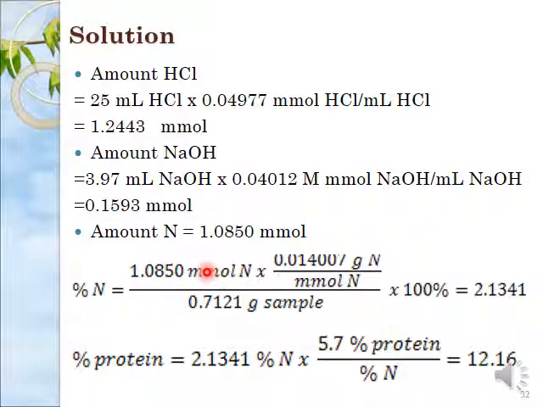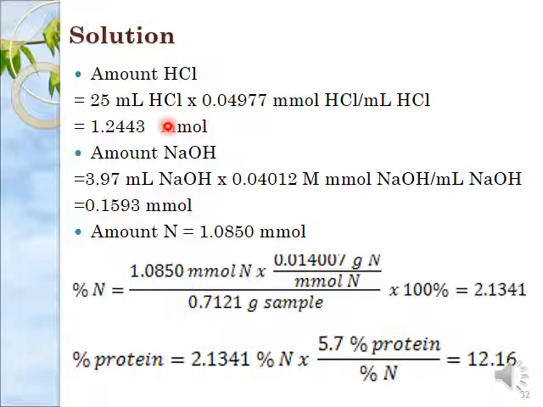Because we want to calculate the nitrogen, which actually represents protein, we multiply by the atomic mass of nitrogen. Because this is in millimole, this one also has to be converted in millimole. But my suggestion is, when you calculate this, better you use mole instead of millimole. Means you convert this into liter and this one into liter, so that your final answer will be in mole.